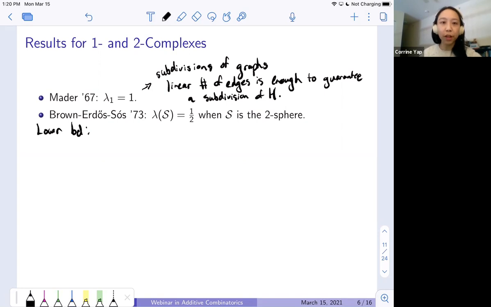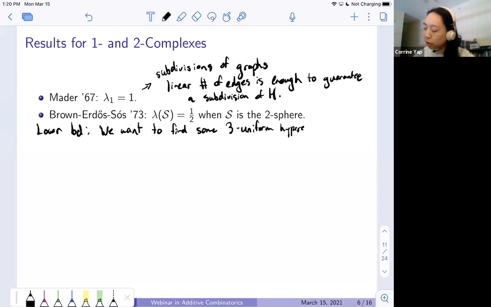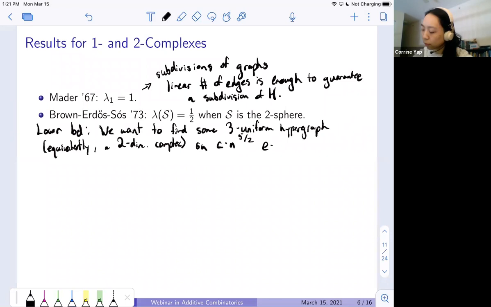So what does proving the lower bound for this result mean? It means we want to find some 3-uniform hypergraph, which is equivalently a 2-dimensional complex, on some constant times n to the 5/2 edges with no triangulation of the two-sphere.